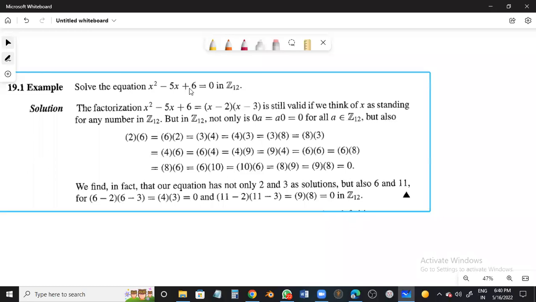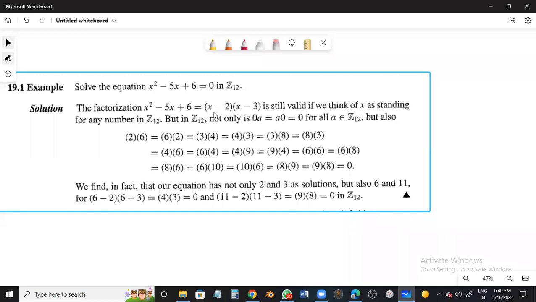So what is the solution of this in Z12? You are observing that 2 and 3 are themselves solutions, no doubt. But you observe these many factors, and if you are able to give such factors over here, that is your solution. So you can say 8 into 6. When will you get 8 into 6?